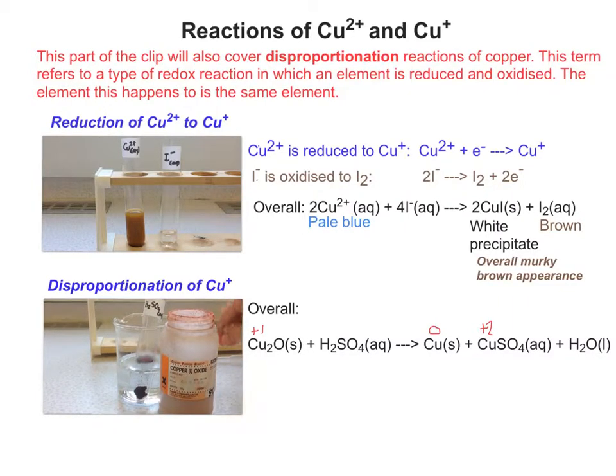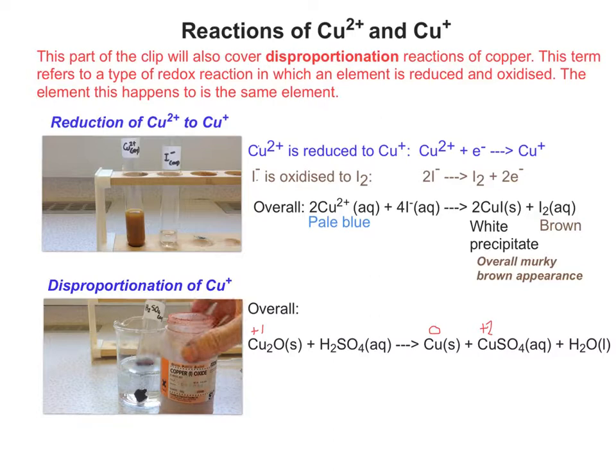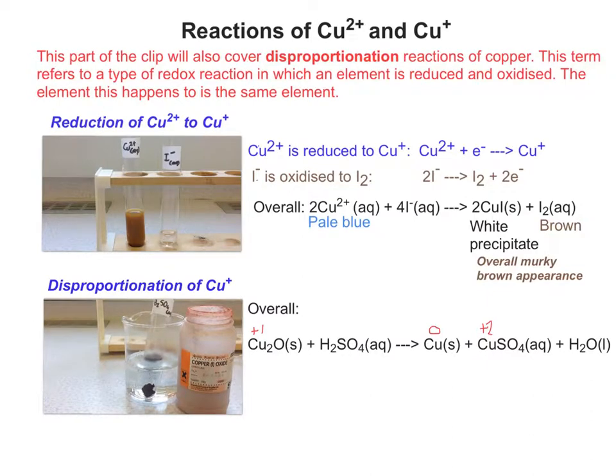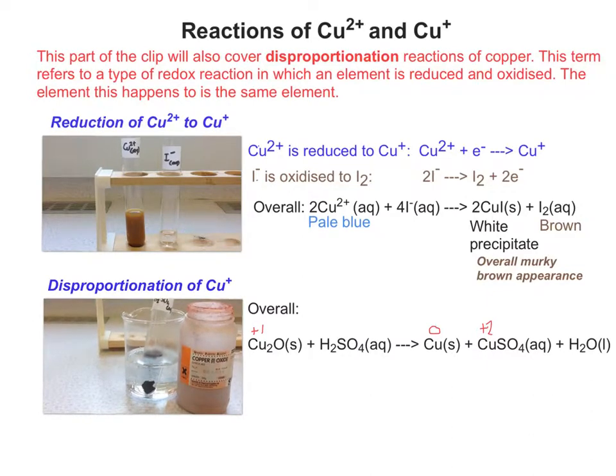So as we add it to H2SO4, it's in a warm water bath. You may be able to see the slight condensation on this part of the beaker. So what happens is you have simultaneous reduction and oxidation.